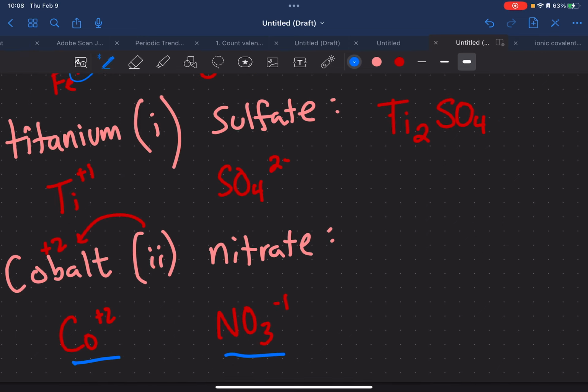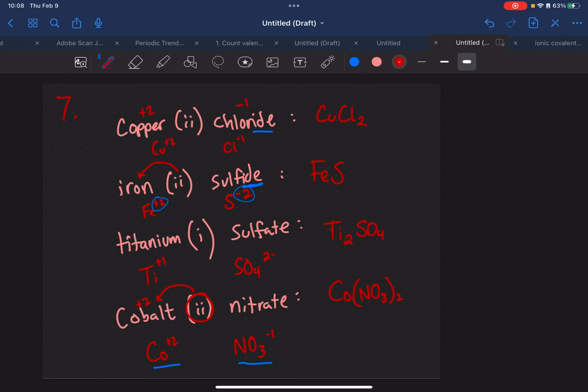I need 2 nitrates here to cancel out with my one cobalt, so that is CoNO3 2. And that shows me that I have 2 nitrate ions. I need 2 nitrate ions because each nitrate has a -1 charge. If I combine my -1 with another -1, it adds up to -2. And then my -2 can cancel with my +2 on my cobalt. How do I know cobalt has a +2? Because it's in the name. That's where I get those from.